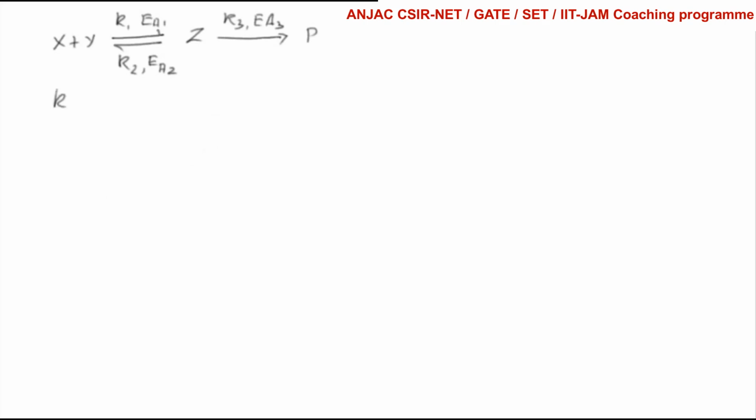The Ks represent rate constants, the EAs activation energies, and K2 is very, very greater than K1.